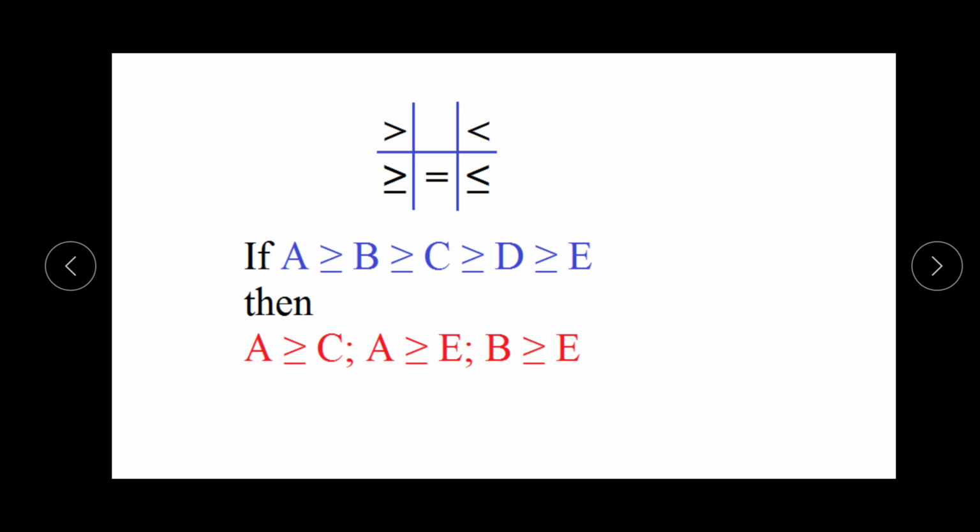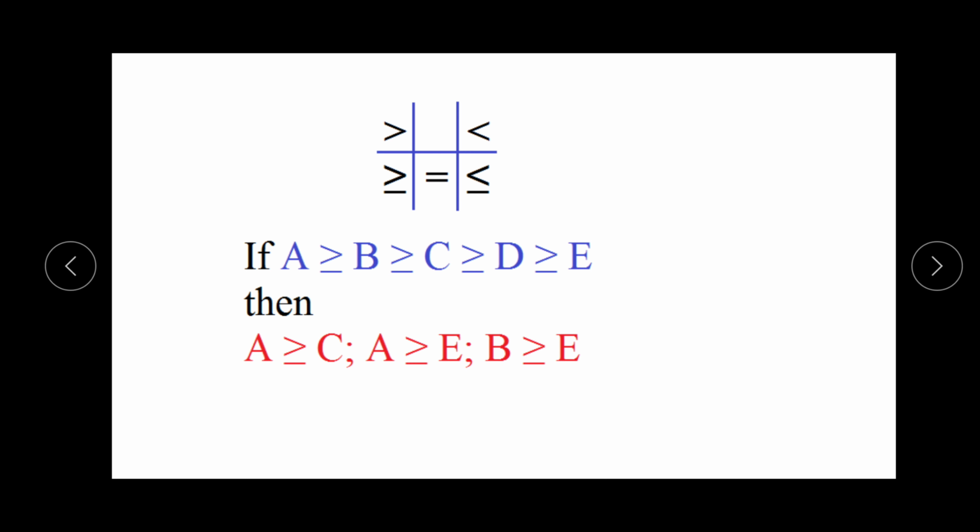Now we have done greater than or equal to. The vice versa, here we have solved less than or equal to. It means if A is greater than or equal to B, we can say that B is less than or equal to A. If any variable is greater than another variable, the other variable is also less than the first variable.